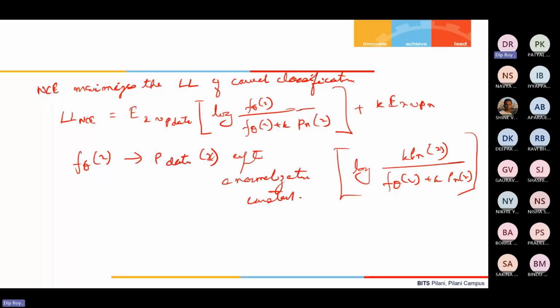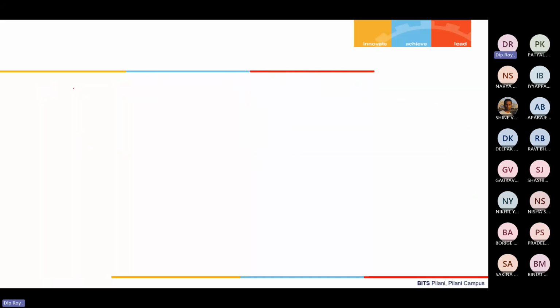So the reason why we say that this is logistic regression is because of the following. If you see here, now what we know is the probability of data equal to 1 given x is equal to f of theta x divided by f of theta x plus k p of n x. All right.